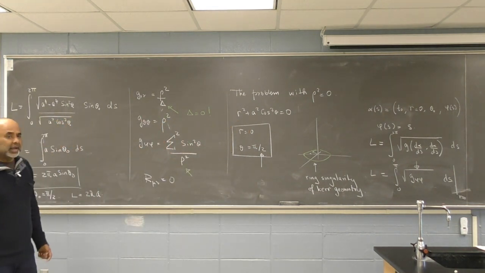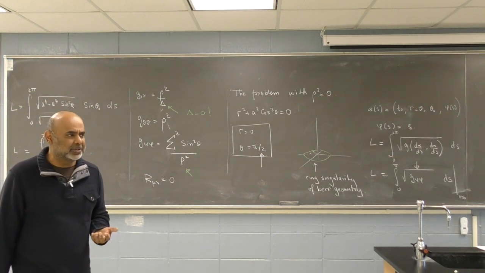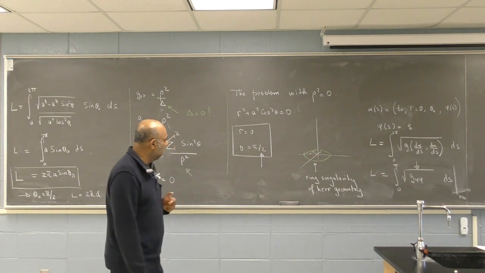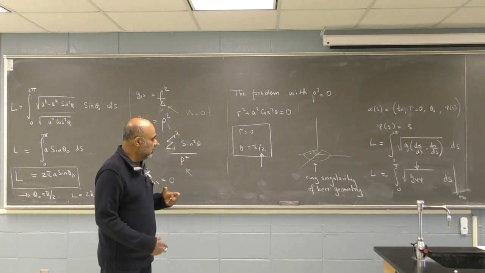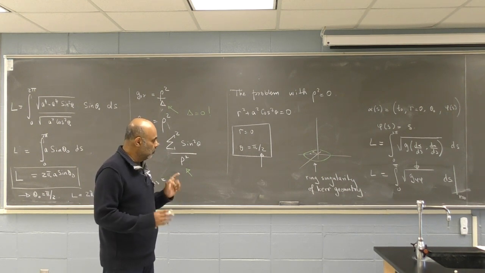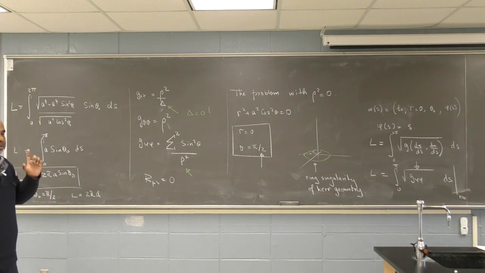Now the question is, as with Schwarzschild and in differential geometry, is this a feature of the coordinate system, or is there something more? Is it deeply something about the geometry or with the coordinate system? We'll have occasion to see that this has got to do with the geometry.